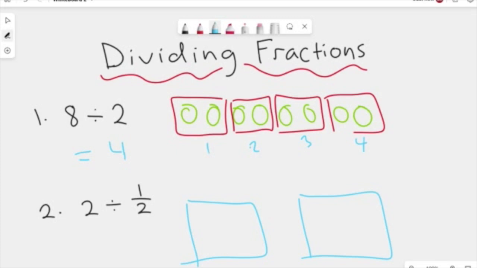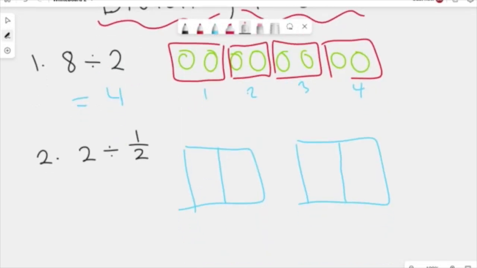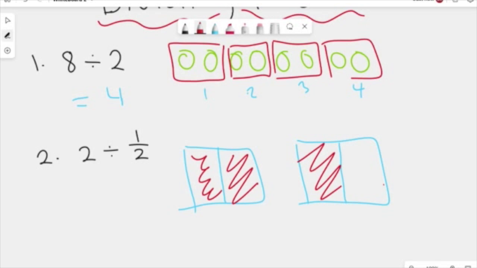Well, how many times does a half go into 2? Now, I have 2 wholes here, so let's just draw up halves in these wholes. Now we have half, half, half, and half, right? And how many halves do we have in total? Well, we have 4 again. We have 1 half, another half, a third half, and a fourth half. So we get that this would be 4.